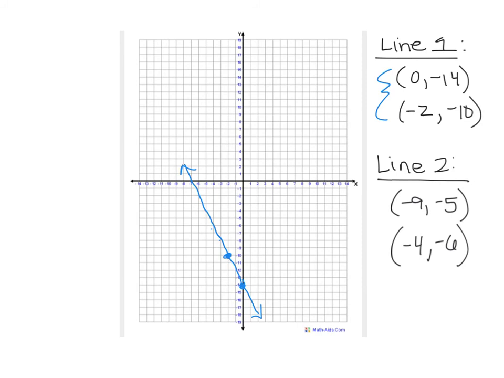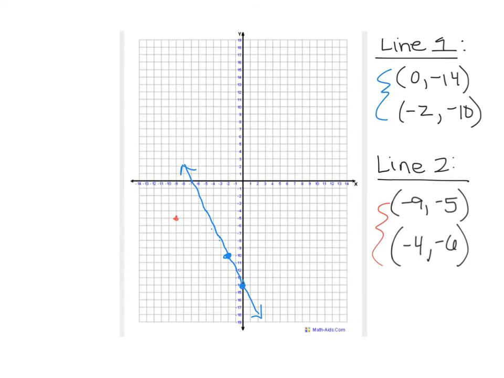Now I'm going to graph the second line, which is (-9, -5) and also point (-4, -6). So for (-9, -5), I go to the left 9 and down 5. That puts me about here.